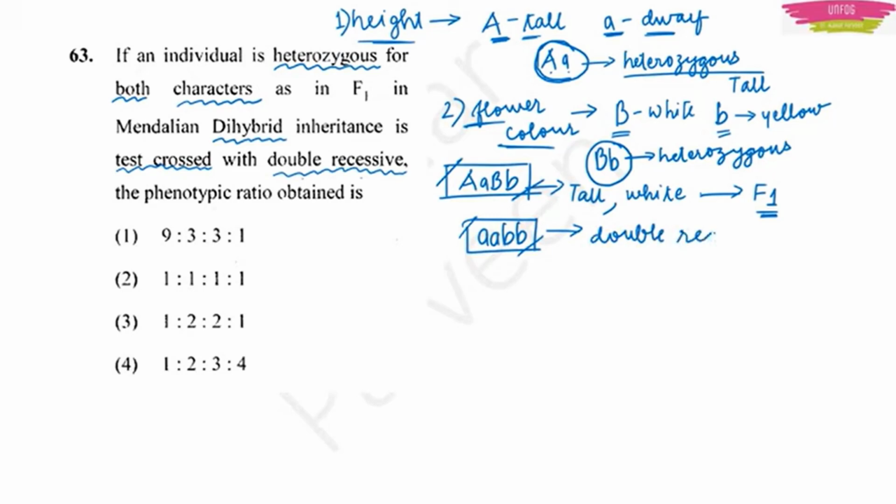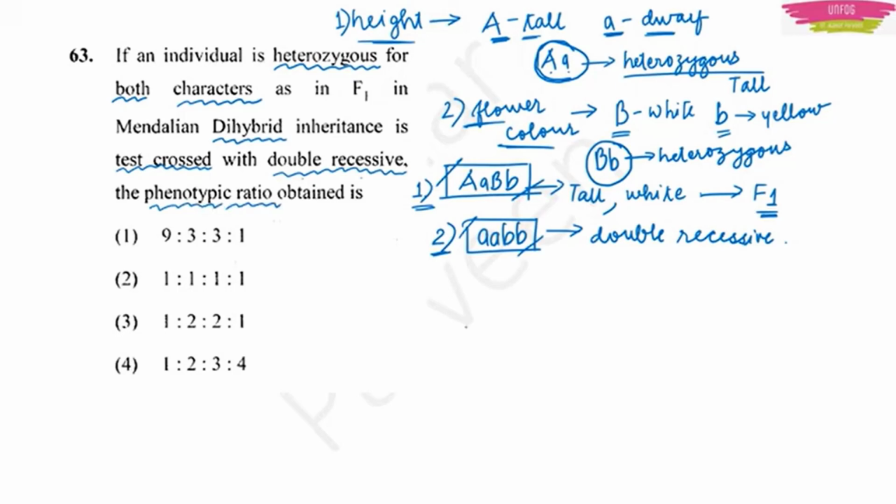So when we are crossing the F1 generation with a double recessive individual, it is known as the test cross. Now he wants us to tell the phenotypic ratio.